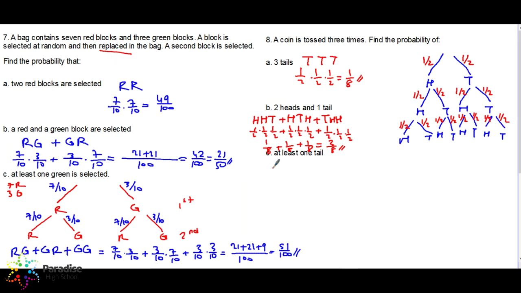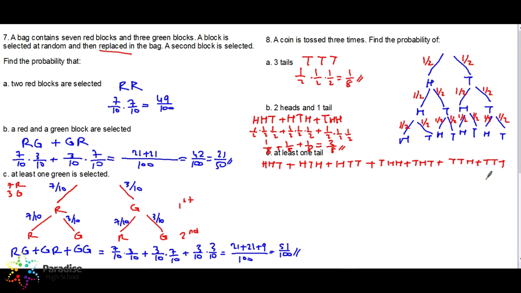At least one tail. At least one tail, you can answer it in two different ways. So the first way is, let's write the possible outcomes. At least one tail, it could be HHT, HTH, HTT, THH, THT, TTH, TTT.